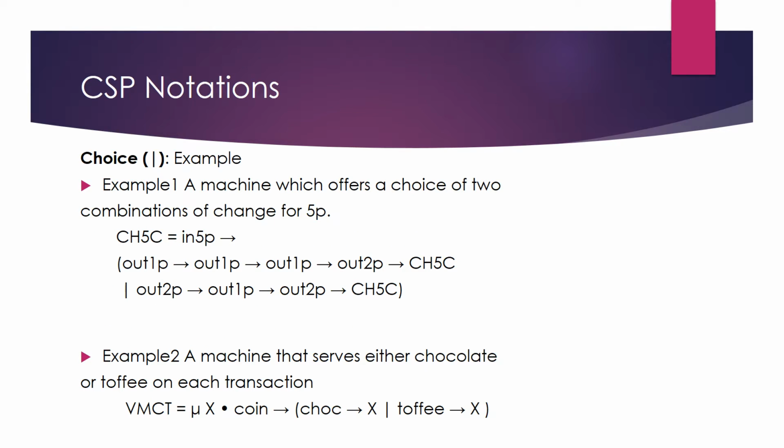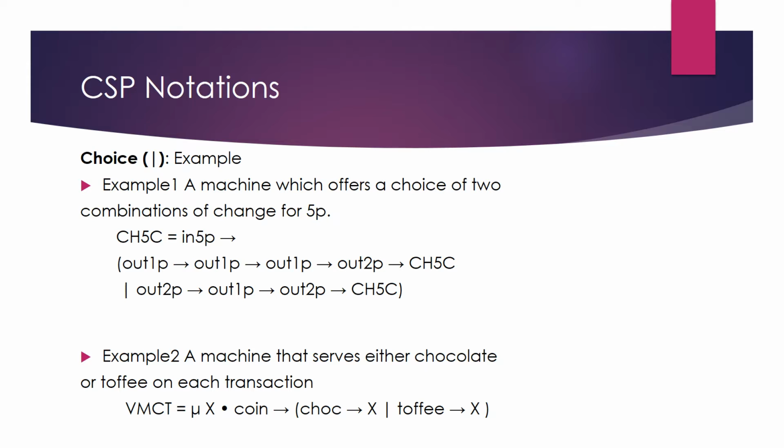For example, a machine which offers a choice of two combinations of change for 5p. So if you see here, the choice, the change for 5p. So we denote it like this: the output 1p gives rise to the rest. So the choice will be the change for 5p. It offers a choice of two combinations, right?